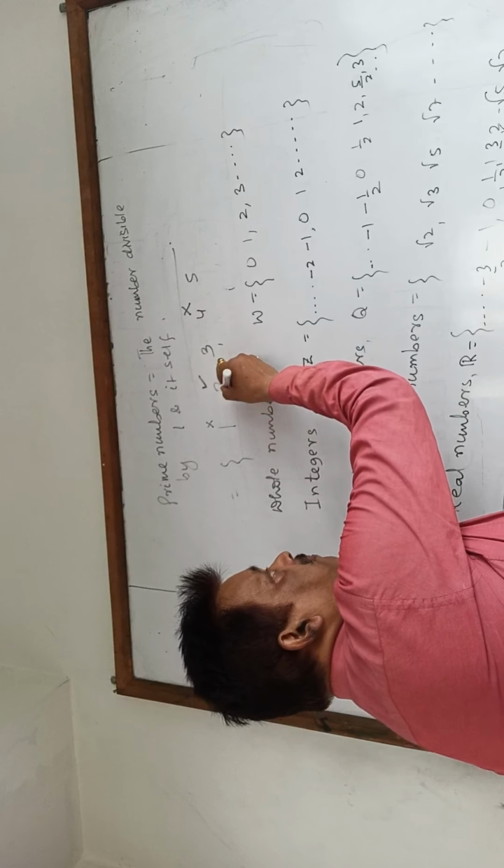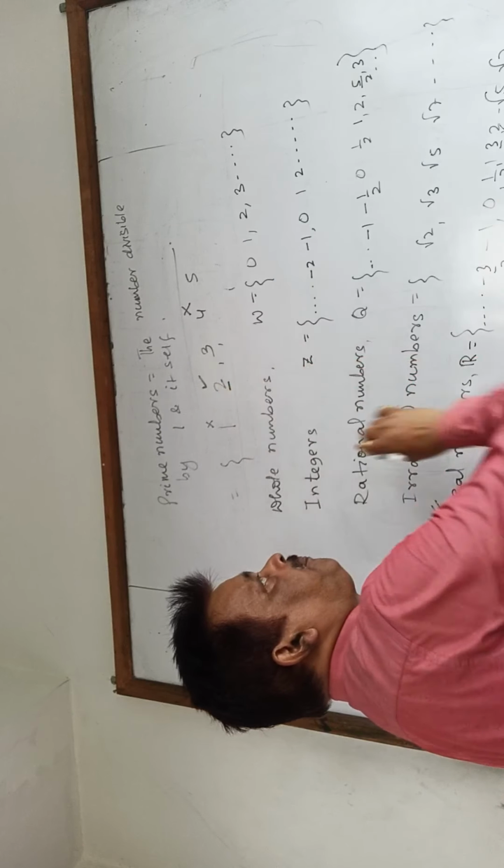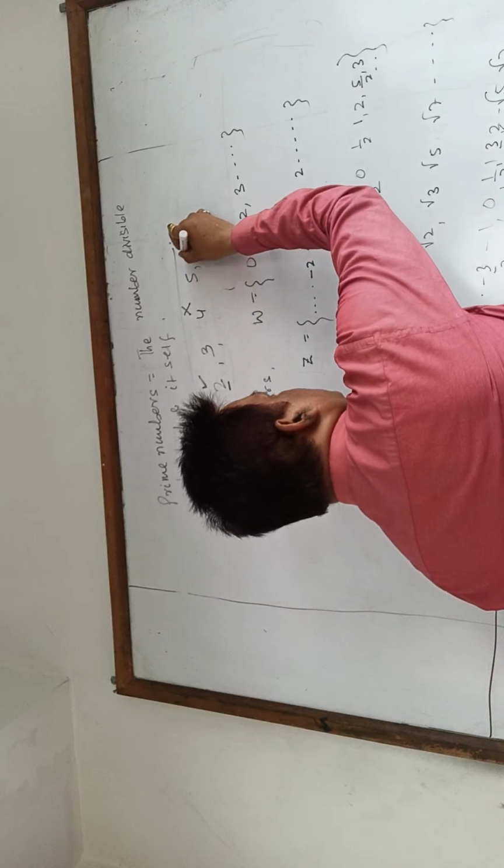That is, the least prime number is 2, then 3, 5, 7 and so on.